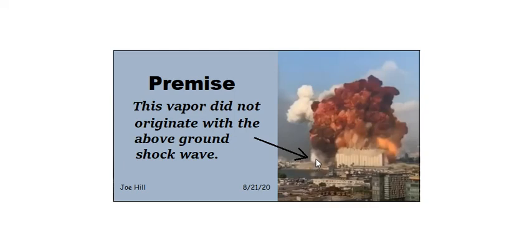So that's a real anomaly there, and it's what I call the clue that everyone missed. But to me, it stands out like a sore thumb. You don't see any other vapor around anywhere. That's the only place it's coming up, and that's not normal.